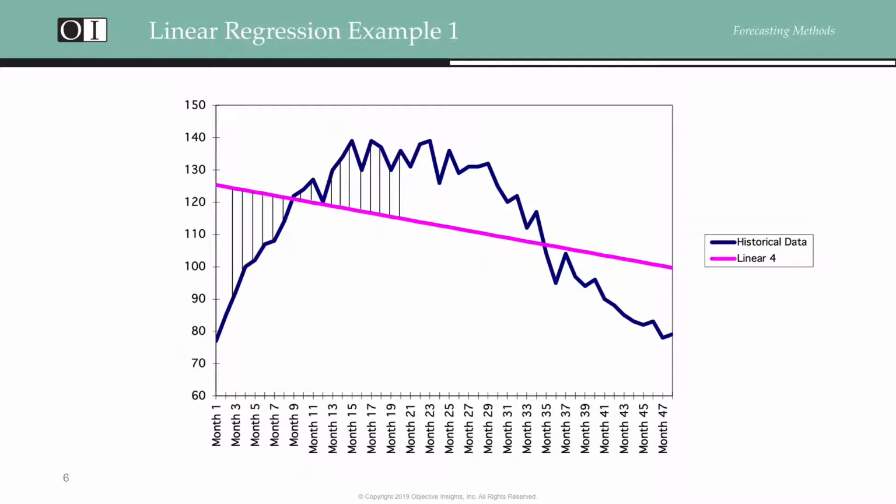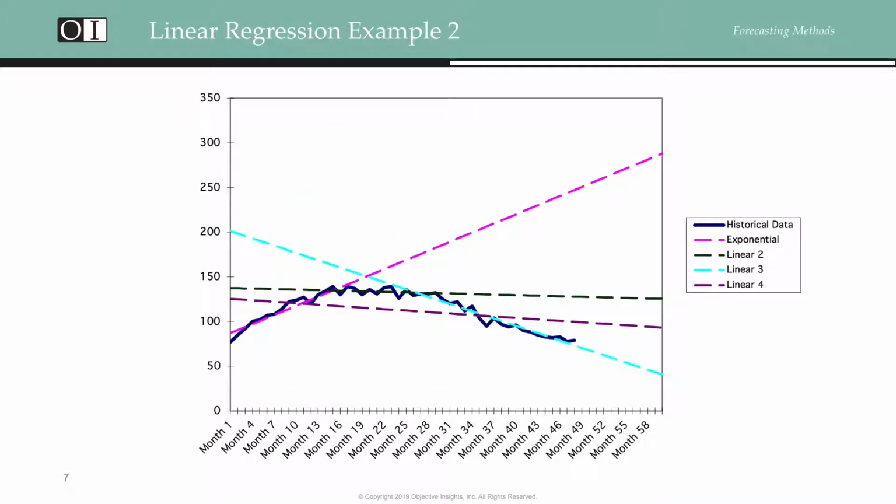And then we use some kind of an optimization program to minimize the sum of the squares. But as mentioned earlier, we have a fundamental problem of which historical data period to use. So here we have the same historical data as represented by the dark blue line. And if we took just the first third of the data, our linear regression would be the dashed pink line going way up, as we go out into the future.